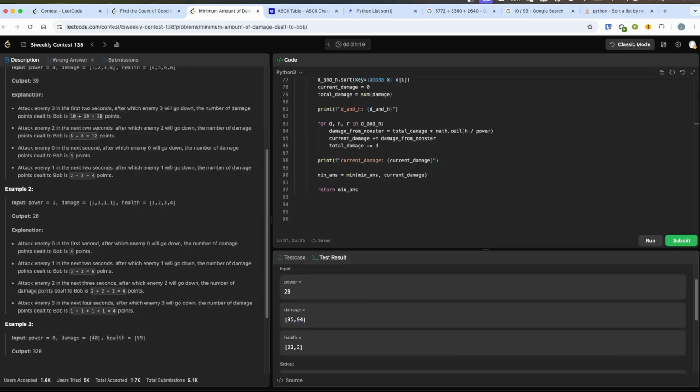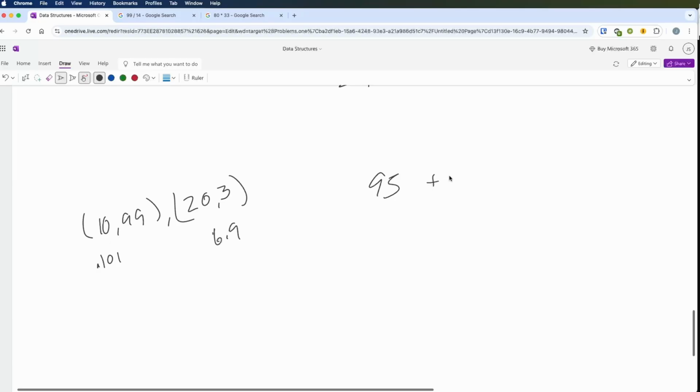So you get 95 plus 94 your first turn, right? And then the second turn you get plus 94. So 95 plus 94 plus 94 is 283, right? So that's where that answer comes from.